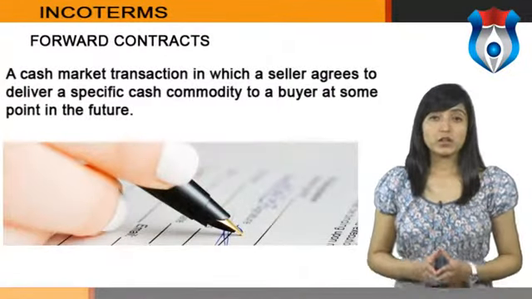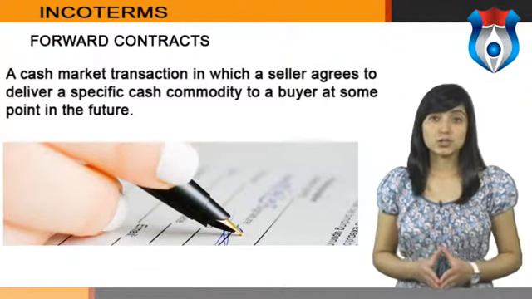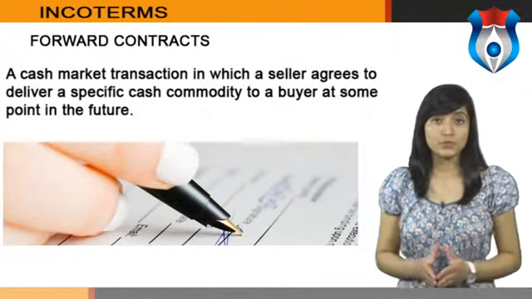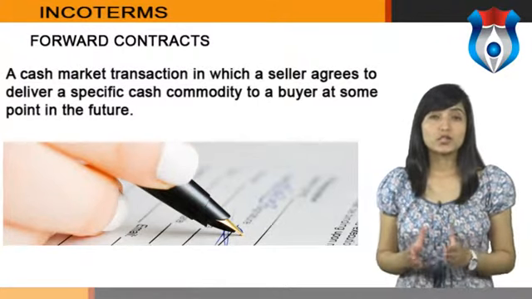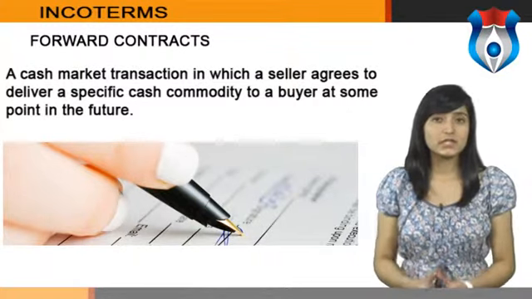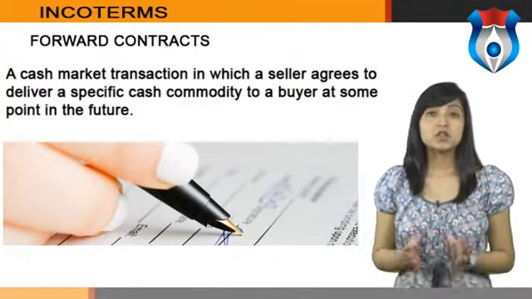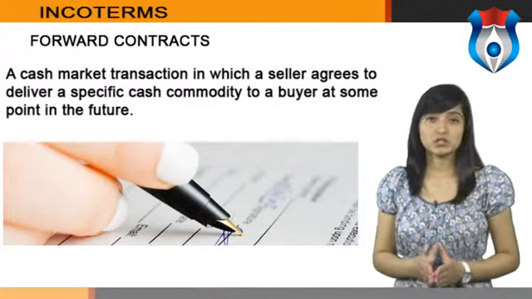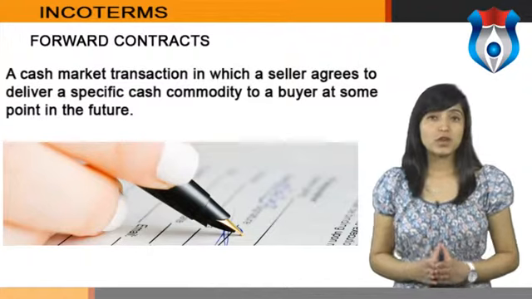A cash forward contract is a cash market transaction in which a seller agrees to deliver a specific cash commodity to a buyer at some point in the future. Unlike futures contracts, which occur through a clearing firm, cash forward contracts are privately negotiated and are not standardized. Further, the two parties must bear each other's credit risk, which is not the case with a futures contract.